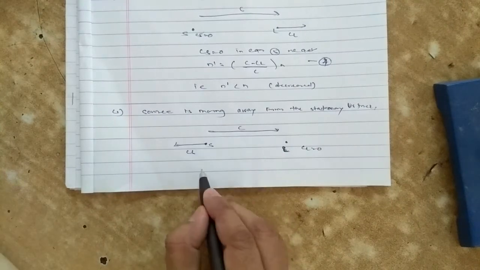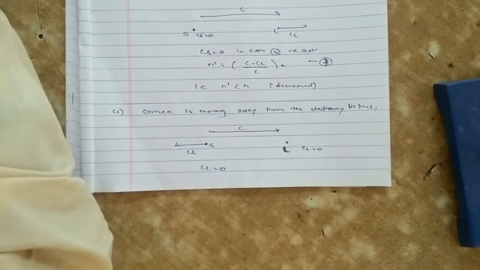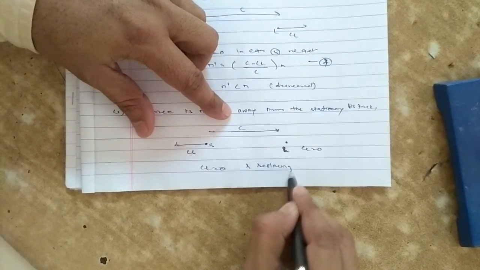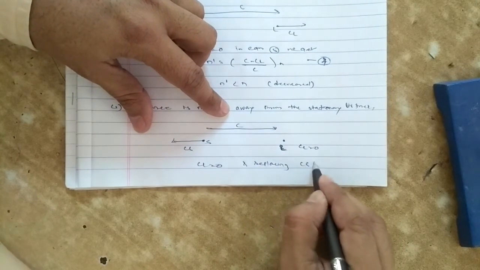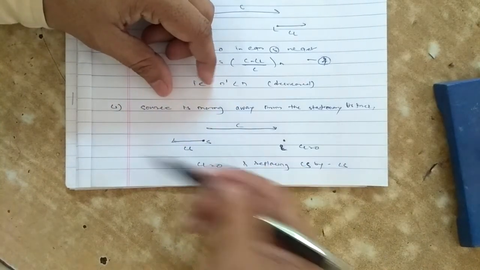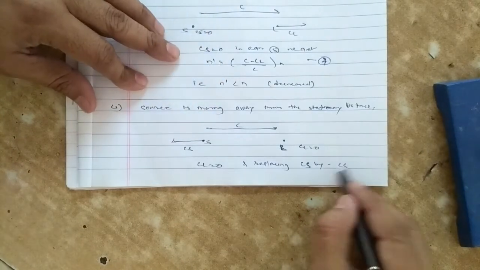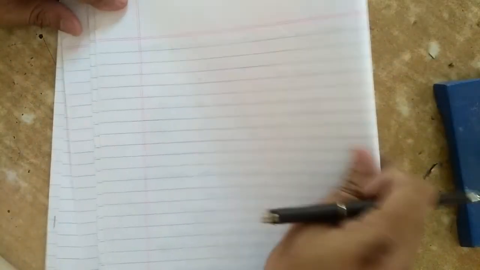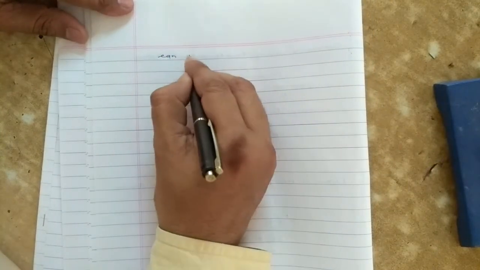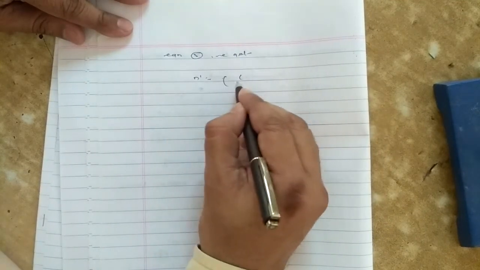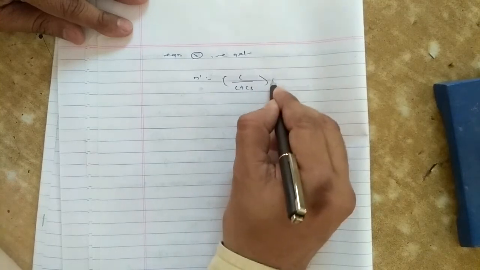Now using Cl equal to 0, and replacing Cs by minus Cs because they go in opposite directions, in equation 5 we get n prime is equal to C upon (C plus Cs) into n.